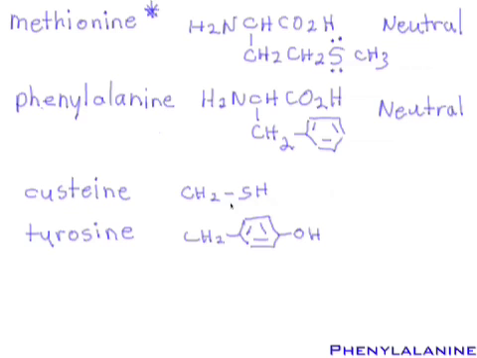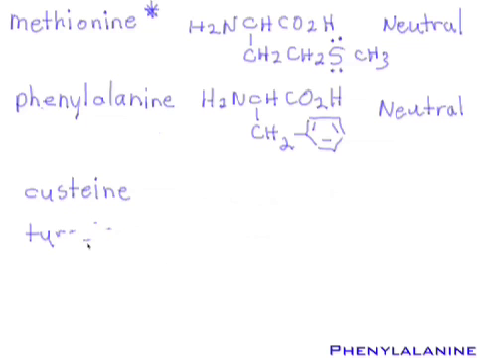We're going to look at that last. I only mention it because of tyrosine's close relationship to phenylalanine, and you might wonder why I am not examining tyrosine in conjunction with phenylalanine because of the similarities in structure. But we're going to save those two to last. And also, don't forget, phenylalanine is an essential amino acid.